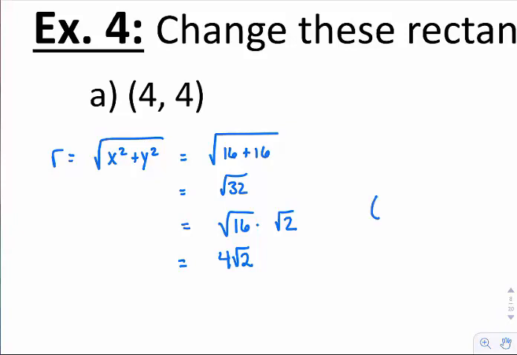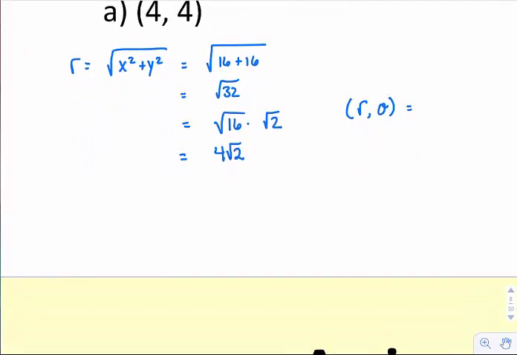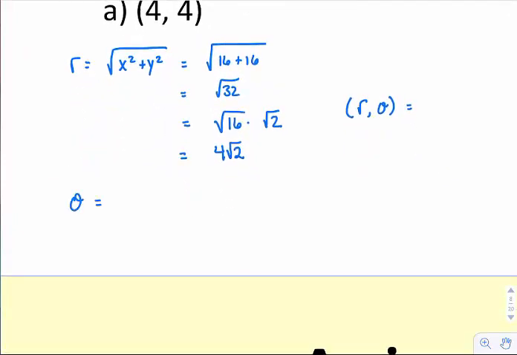Remember, when we plug this in, it's going to be r, theta. So I got my r value. I need to find theta, however. And remember, if you're thinking about this like a triangle, you've got your 4 and your 4. By the way, this is 4 radical 2. You can kind of solve that triangle if you thought of it as a 45, 45, 90. You don't have to do the Pythagorean theorem, but we got it anyway. But we're trying to find theta.